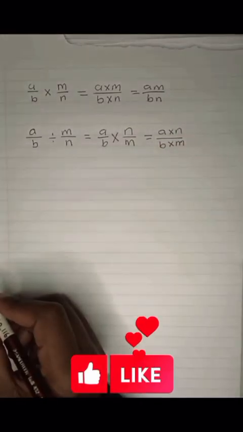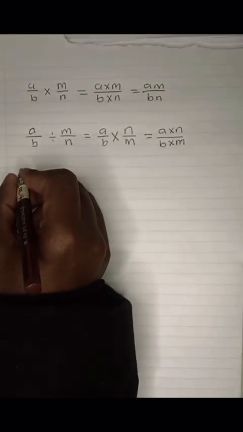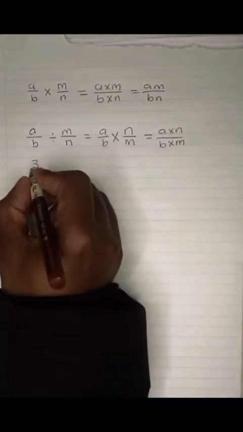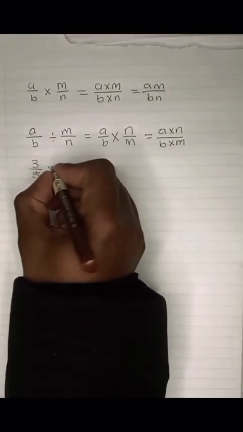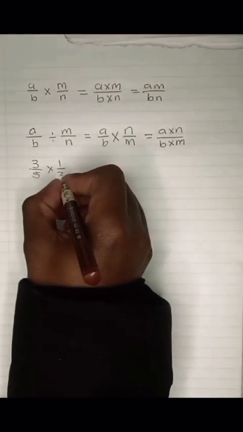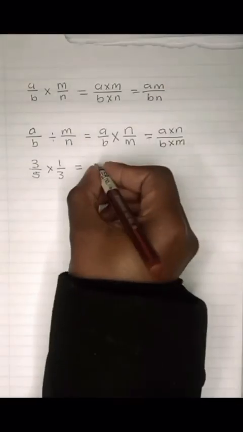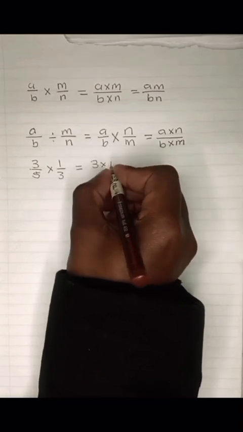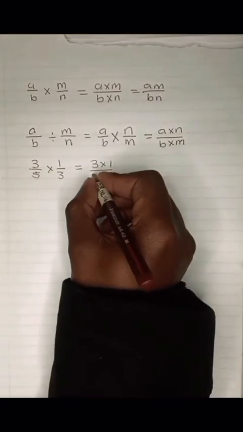Let's do a few examples. Say for instance you have 3 over 5 multiplied by 1 over 3. What you're going to do here is simply multiply your numerators, 3 multiplied by 1, all over 5 multiplied by 3.